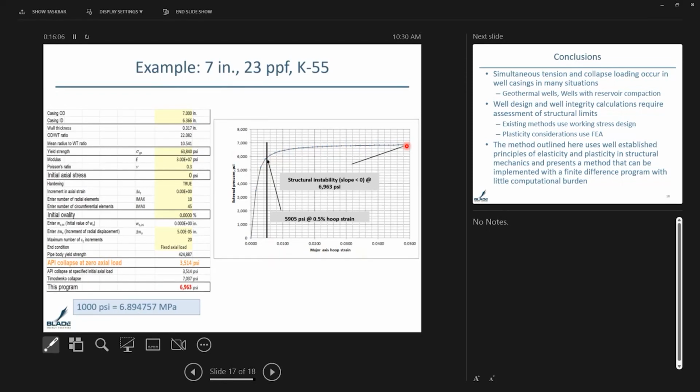The point I'm trying to make here is if we use the old API, or American Petroleum Institute, collapse criterion, you will come up with very low pressures that this casing will be able to sustain, and the design becomes impossible. And you have to use some of these advanced notions, plasticity criteria, to work these problems to determine the onset of instability. I think that's all I had to show.